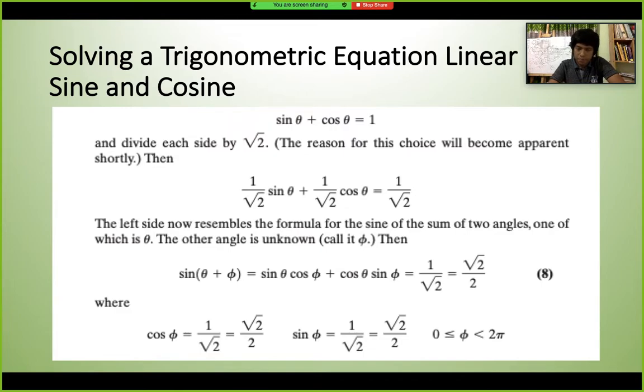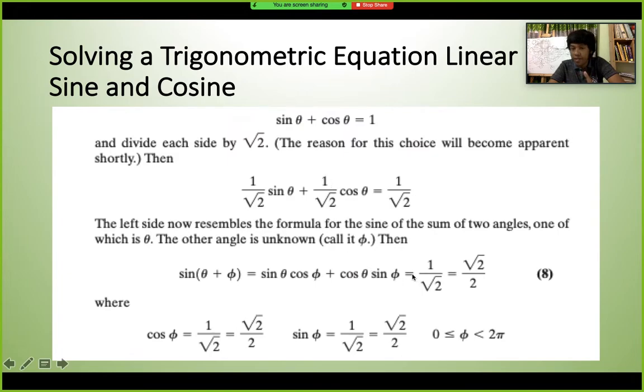Now, why all of a sudden did they multiply by 1 by root 2? The reason is they are trying to write something here and something here where the angle will be the same. See here, sine theta, then cos phi. This cos phi will denote 1 by root 2. Then cos theta, then sine phi. This sine phi will represent this 1 by root 2.